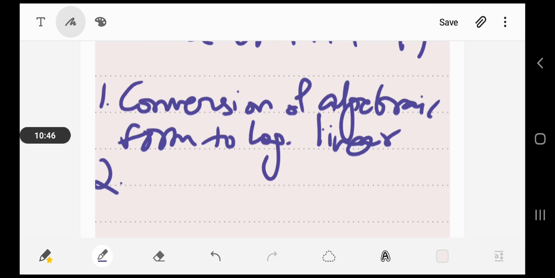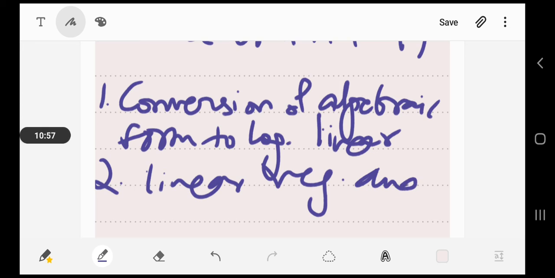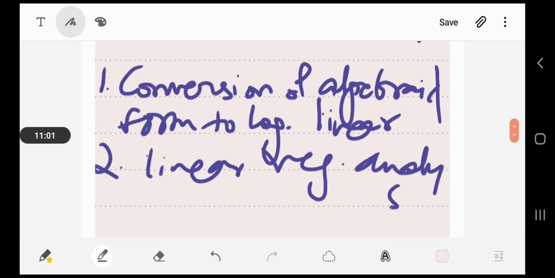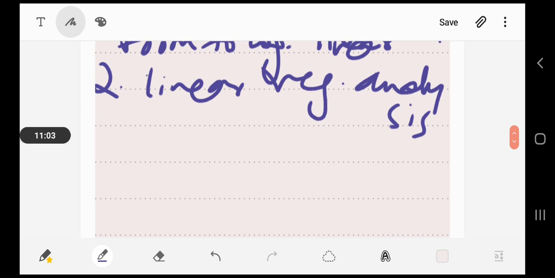And the second one is estimates with the help of linear regression analysis.